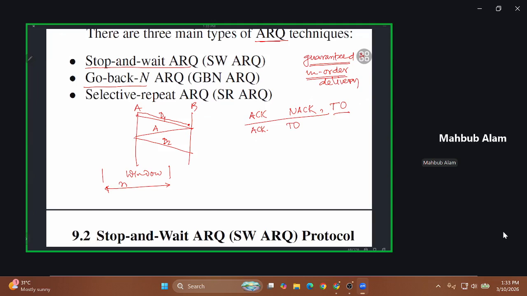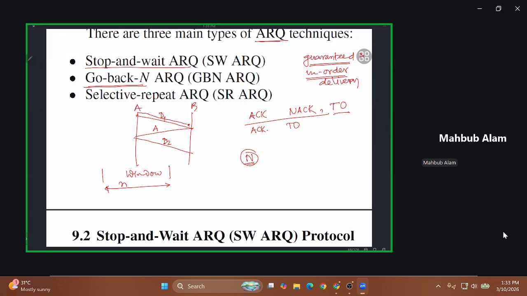Now the protocol is named go back N when there is a negative acknowledgement. The negative acknowledgement will always indicate the packet number. If the acknowledgement carries packet number N, then the sender has to retransmit packet with ID N and all the subsequent packets.